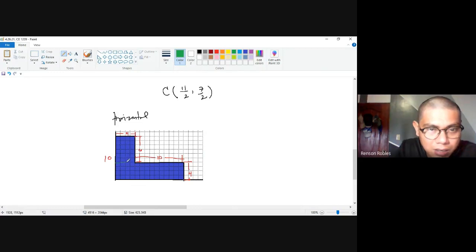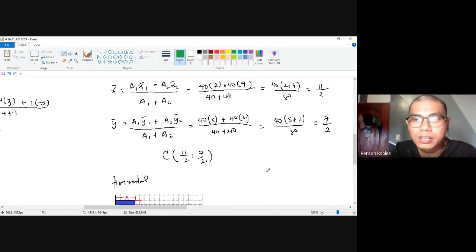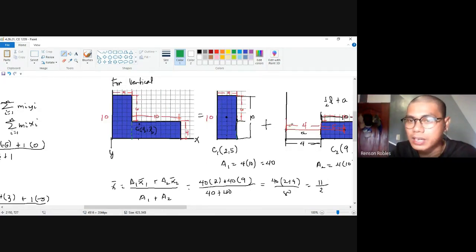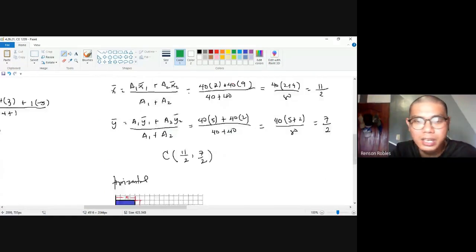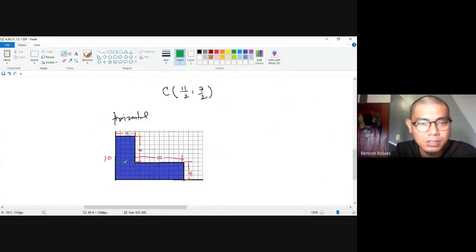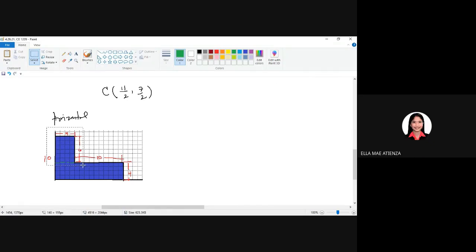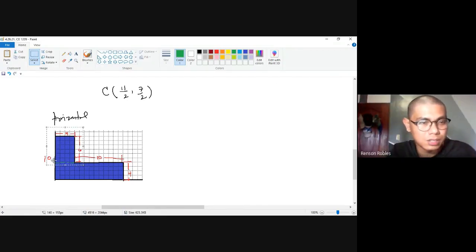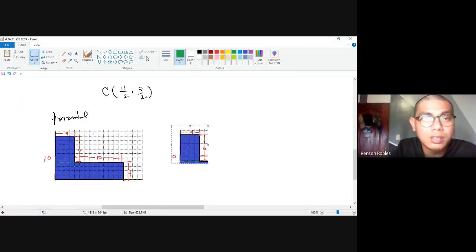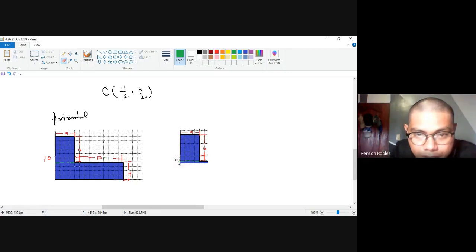Kanina, you see that itong region na to, ito yung kawang sa Y-axis. Ito naman is, itong region na to, ang kawang sa X naman siya. Tama? Hatiin natin. Ito siya. Oh, hindi na siya 10. Okay, ito. Then, burahin lang natin yung ibang parts. This one.